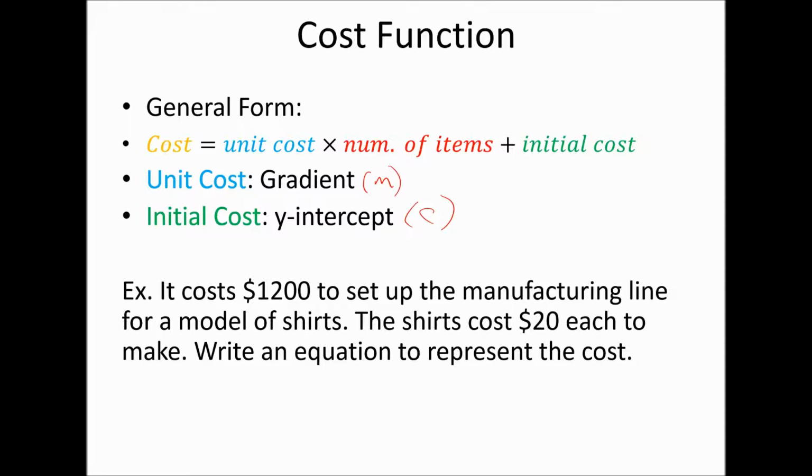So for example, if it costs $1,200 to set up the manufacturing line for a model of shirts, and the shirts cost $20 each to make, try and write an equation to represent the cost. Have a go at that now.